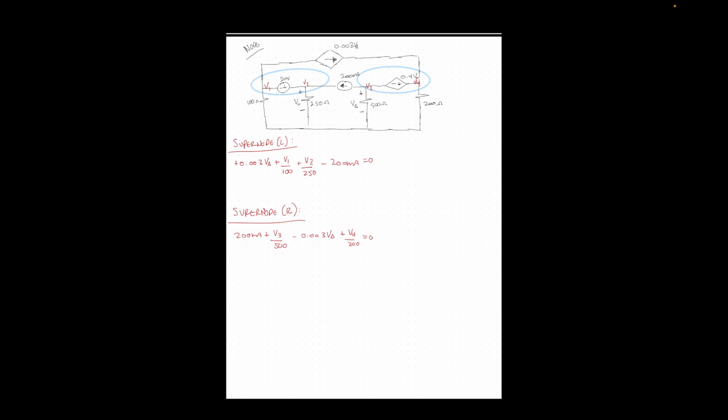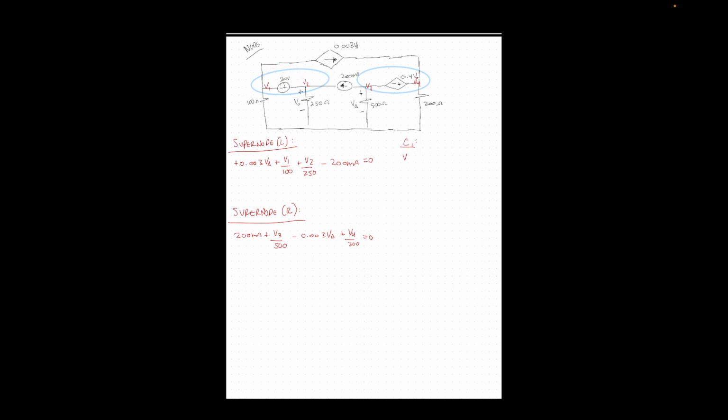Next, I'm going to realize that I have constraint equations. My constraint equations are going to come from my sources. So I have a source right here, and I have a source right here. When I write these, I have to be wary that I read my potential difference from my positive terminal towards my negative terminal. So let's go ahead and write constraint 1.